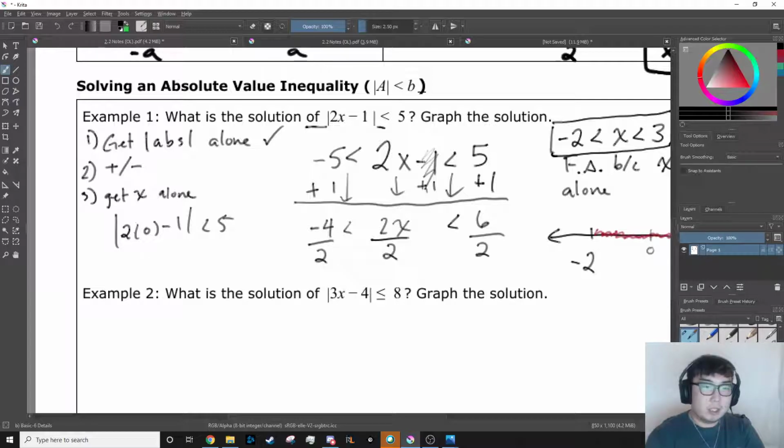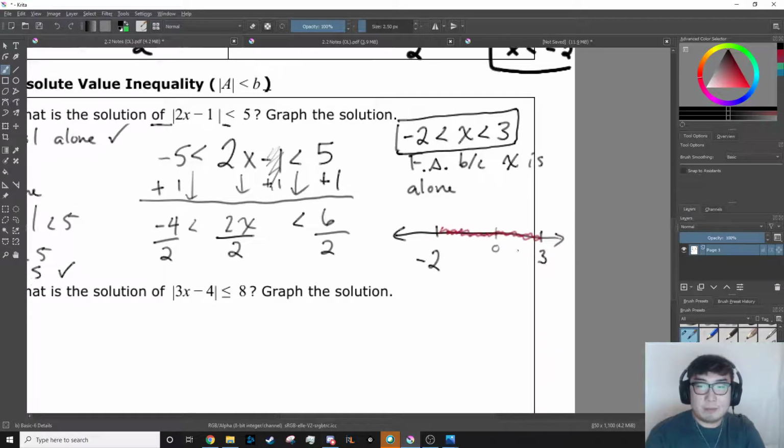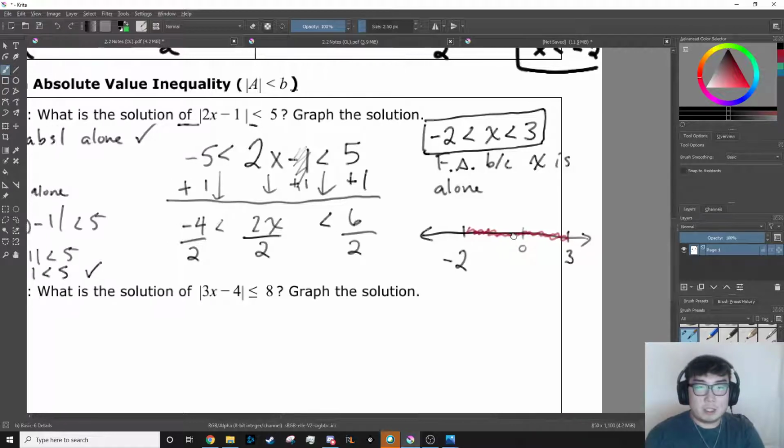So let's see. 2 times 0 is 0. Minus 1 is negative 1. The absolute value of negative 1 is 1, which is less than 5. That statement is true. So I just proved this is how you check your answer. I just took a solution in my red area, and I just plugged it in.